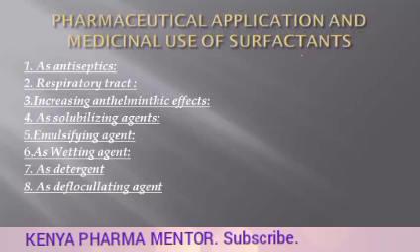So surfactant lowers the surface tension at the air-liquid interface within the alveoli of the lungs and decreases the work of breathing, preventing alveoli collapse. The surfactant used in the lungs is phosphatidylcholine.